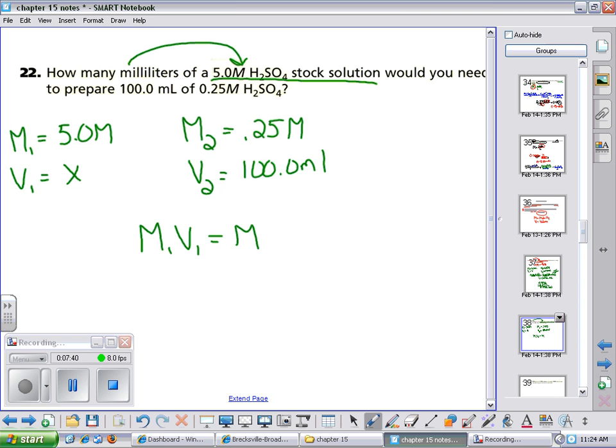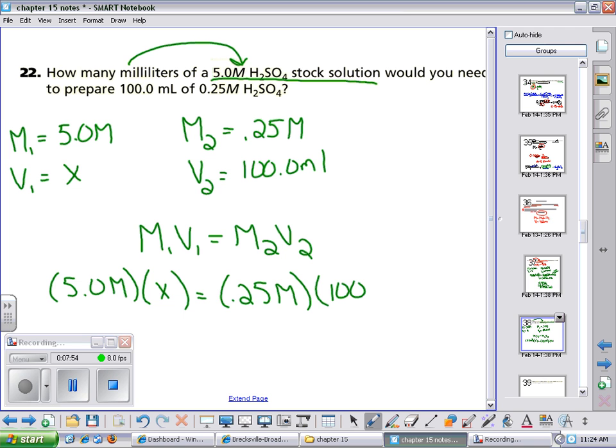So M1 V1 equals M2 V2. Plug in your numbers. Your volume you don't know, 0.25 molar and 100 milliliters. You do not have to change your volumes.